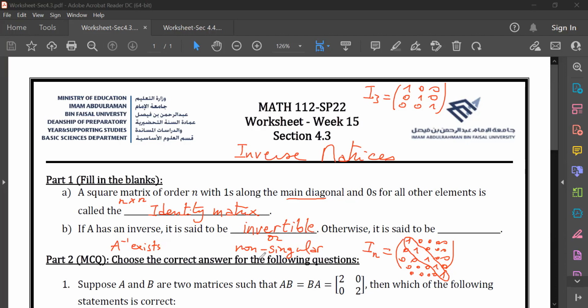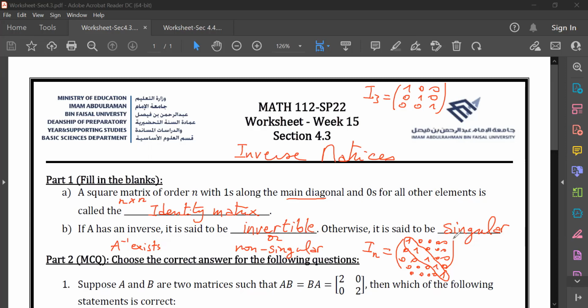Okay? Otherwise, if it has no inverse, what do we call it? Singular. So a singular matrix means a matrix which has no inverse.